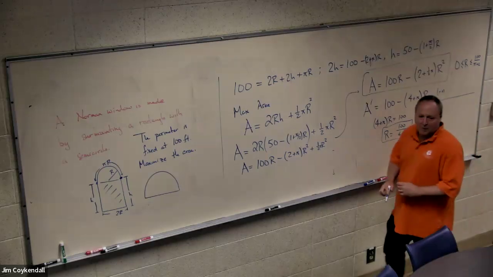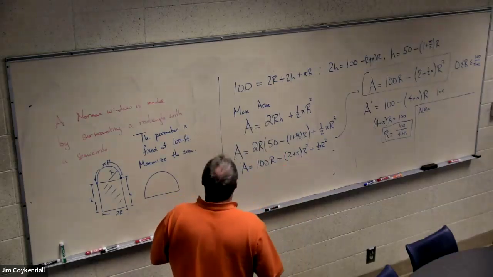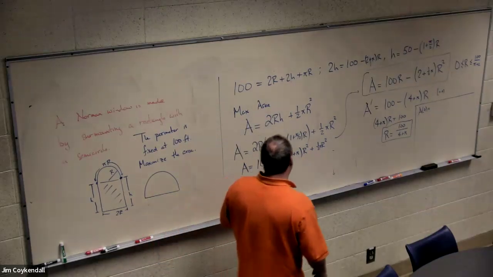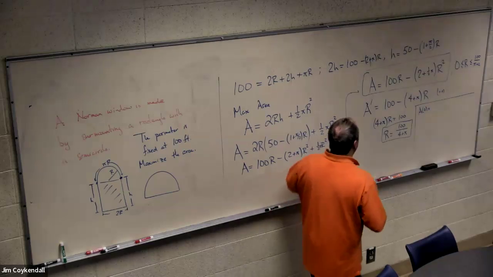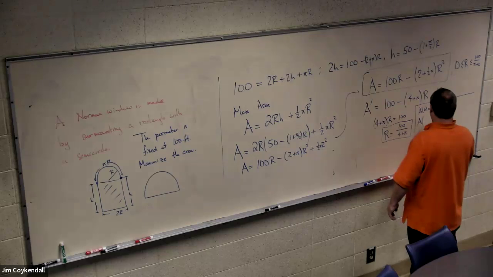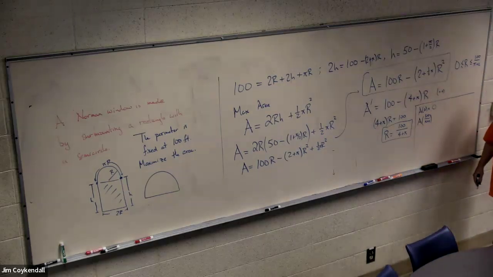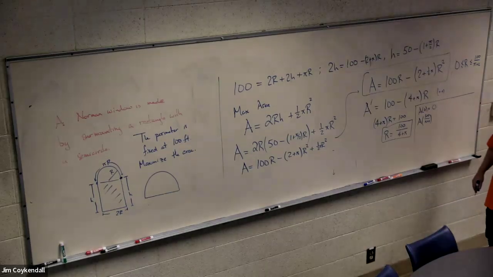What happens at A of 0? Well, let's look at my formula here. When I plug in 0, I get 0. A of 100 over pi plus 2, I mean, it's just awful, isn't it?